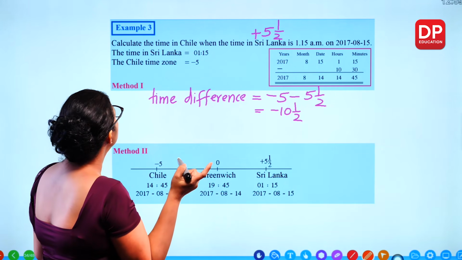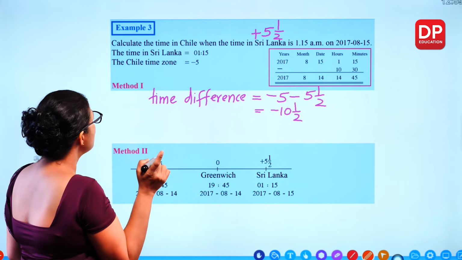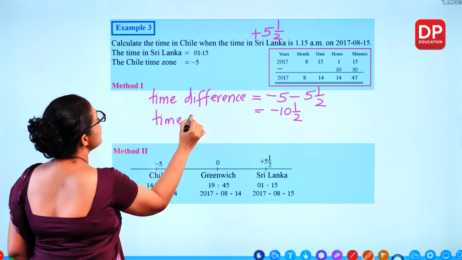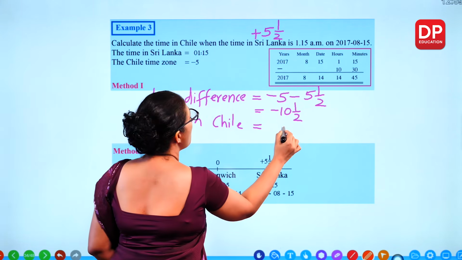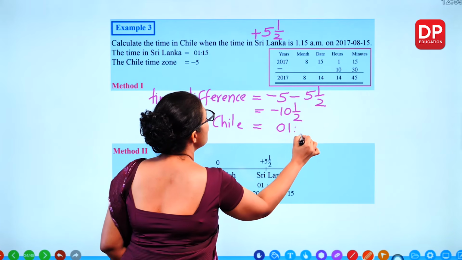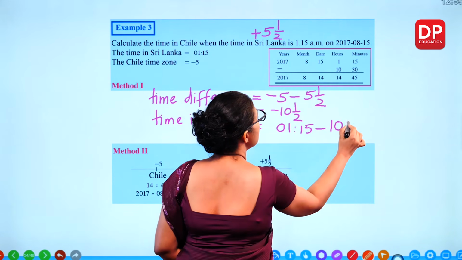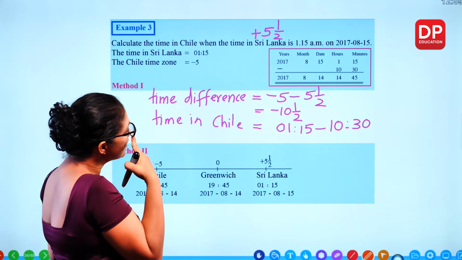So how do you do that? What's the standard time? 1:15. So time in Chile, 1:15 minus 10:30, 10.5. So can we subtract?